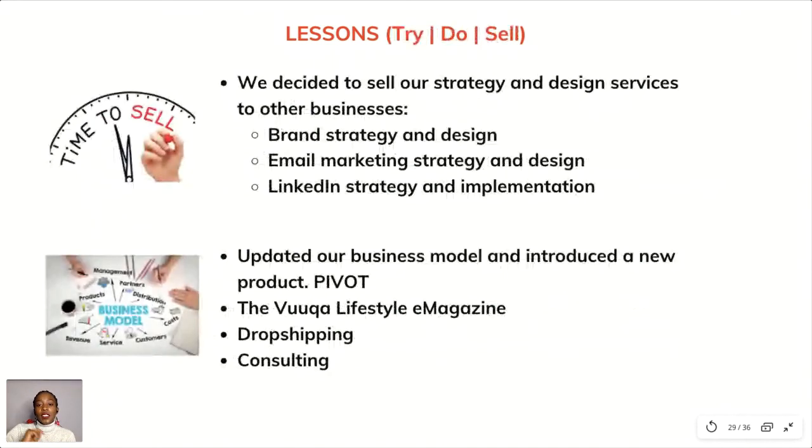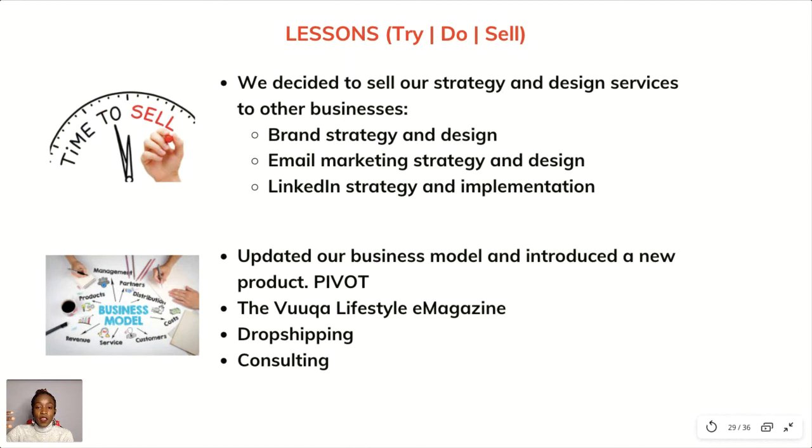The second thing is, how did we implement our try, do, sell model? Now that we've identified our skills, we decided to sell our strategy and design skills. So a little bit of a pivot in the company. We have email marketing, LinkedIn, brand strategy and design.